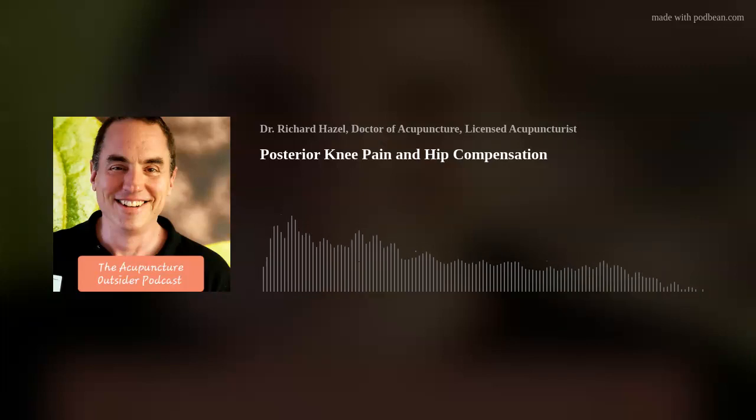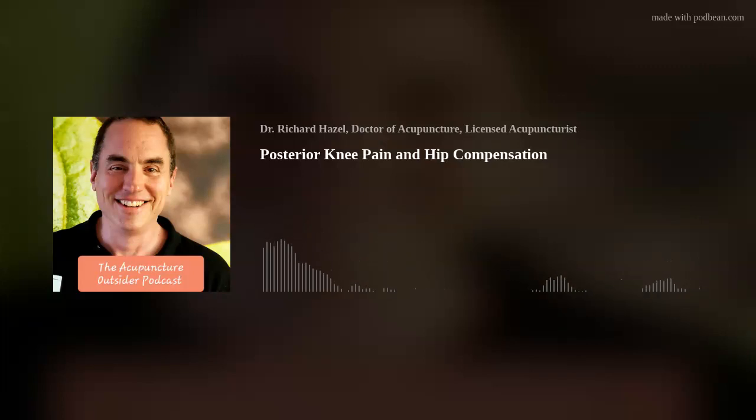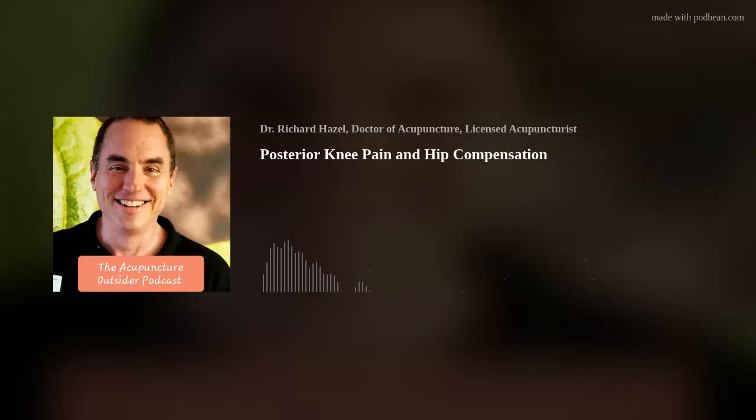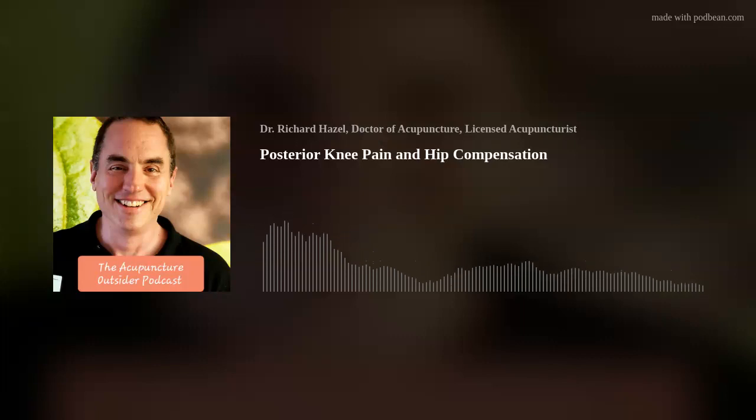It was fun to unravel and to see how the body was compensating for that tibial internal rotation caused by the popliteus. And it's probably because of the surgery. He said it was the posterior part of the meniscus that they repaired. My guess is those muscles had gotten tight as a compensation before surgery.